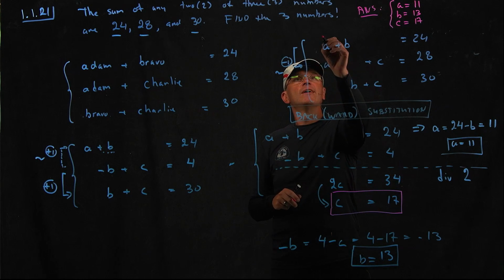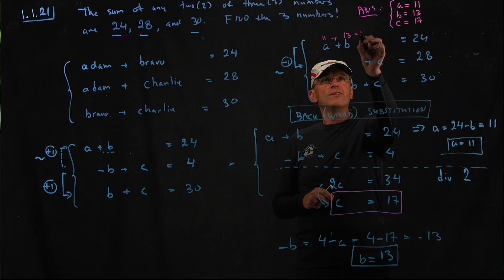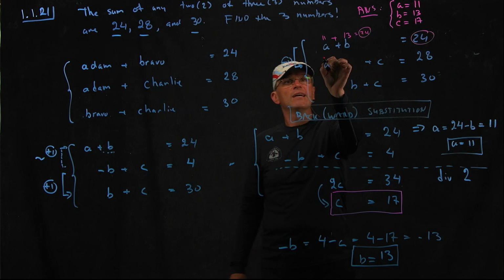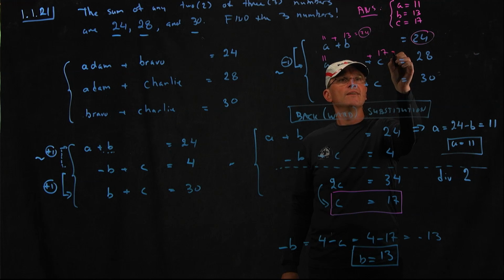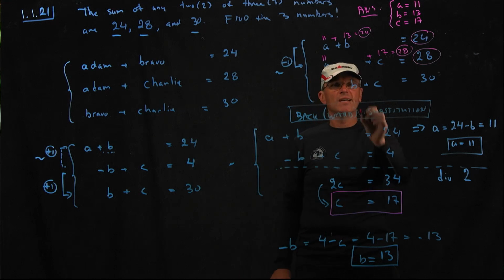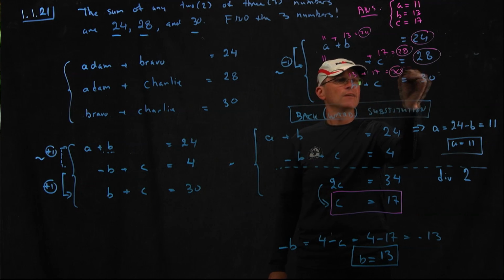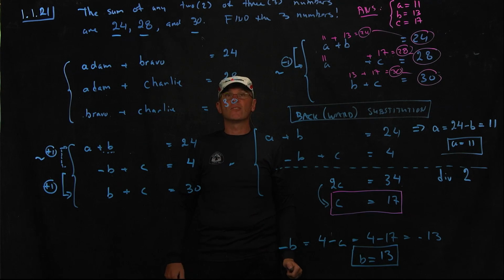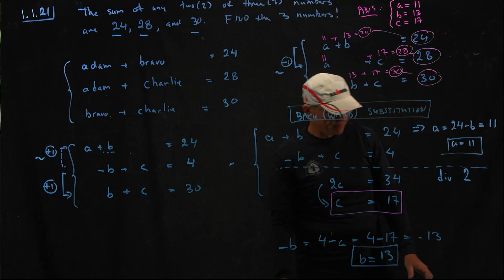So we have 11 plus 13, which is 24, and that matches. And we have 11 plus 17, which is 28, that matches. And we have 13 plus 17, which is 30, and that matches. So indeed, we have the right answer. So the three numbers we're after are 11, 13, and 17.